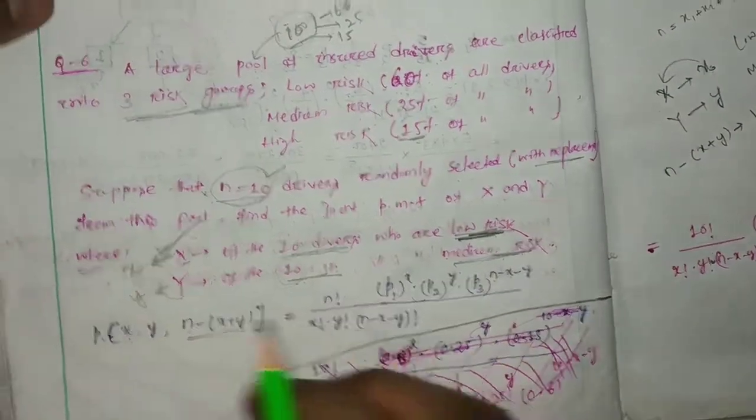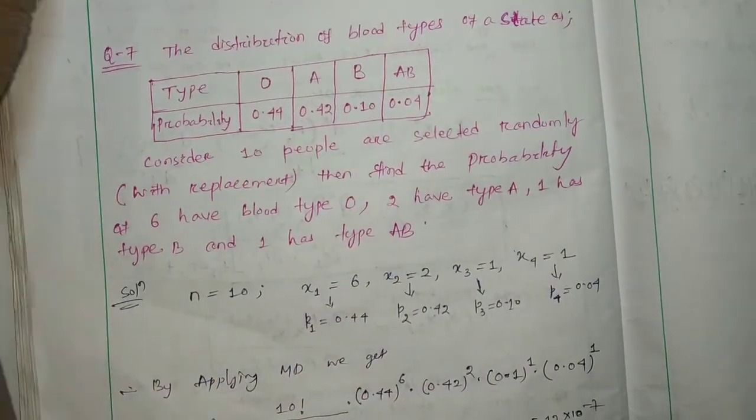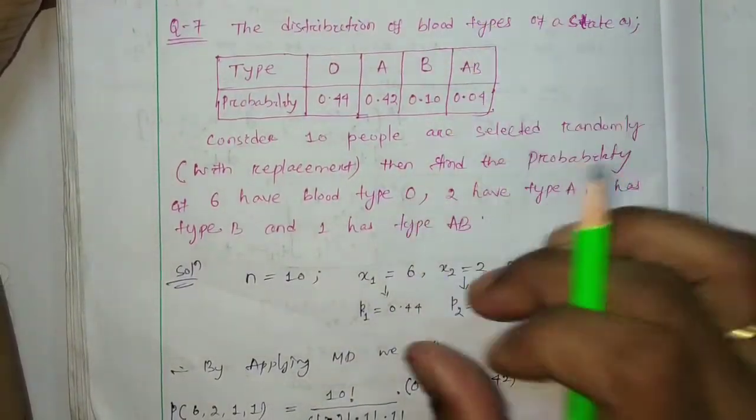Okay, so we have to go for the last question, question number 7. Here is the question. I suggest you write down the questions and answers perfectly.